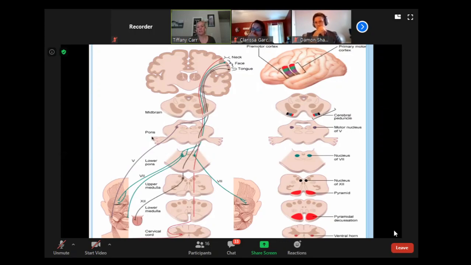Whenever we have a lower motor neuron lesion, we're going to have weakness. It's going to be on the ipsilateral side because it has happened after the synapse on the nuclei. So I'll make sure I say this correctly: the tongue is going to pull toward the lesion, this direction, because the motor cortex of the opposite side is still functioning.